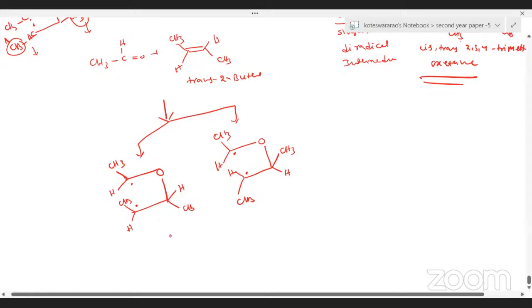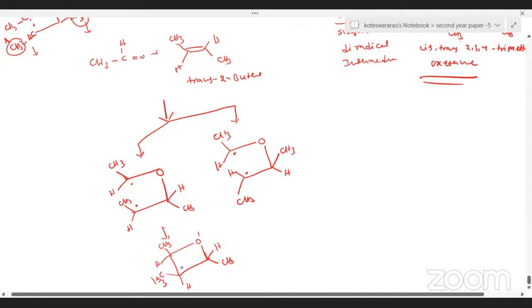Now this leads to the formation of one product. The product is: CH3 group is below, hydrogen is above, and hydrogen is below, CH3 is above. Methyl group CH3 is above, hydrogen is below. Now both are on the same side.